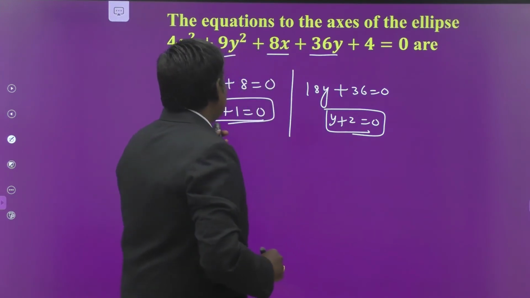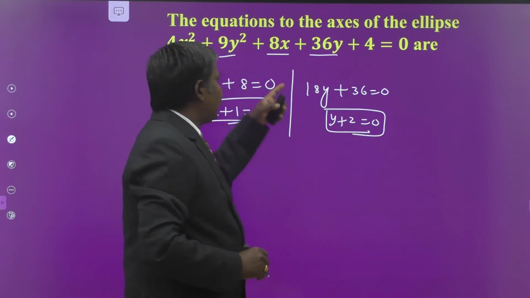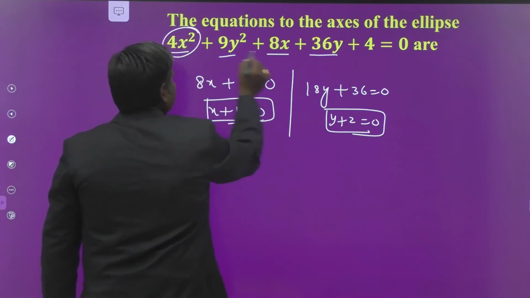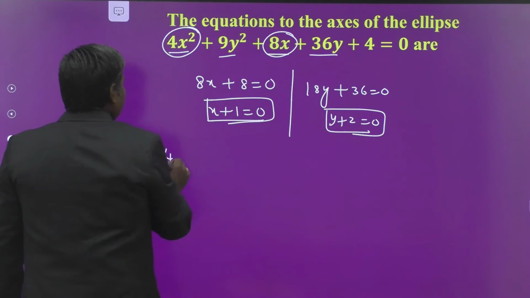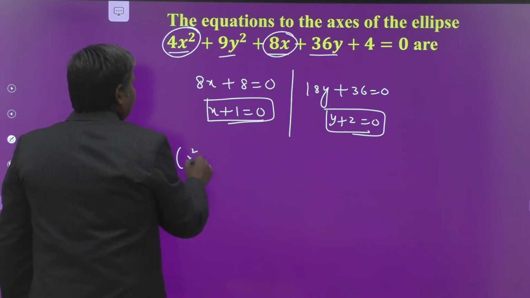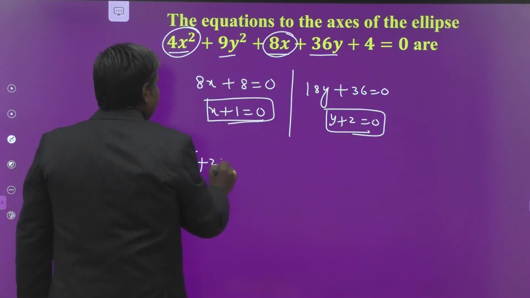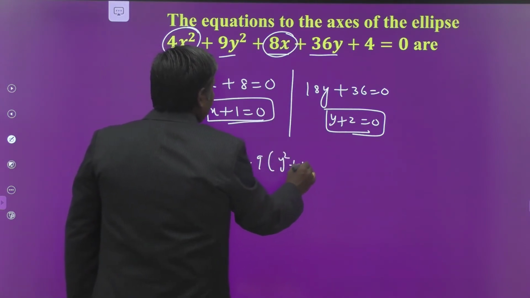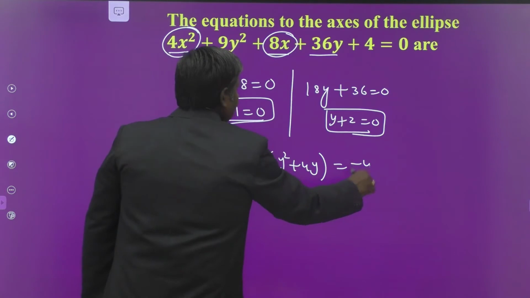Let us check whether these two are correct or not by writing the standard form itself, my dears. So what are the x terms here? You can take 4 common. 4 times x square plus 2x plus 9 times y square plus 4y is equal to minus 4.